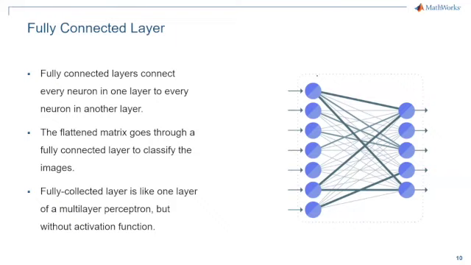It gives you a non-linear activation. Let me make it clear. A fully connected layer is a cheap way of learning non-linear combinations of the high-level features as presented in the output of the convolutional layer.